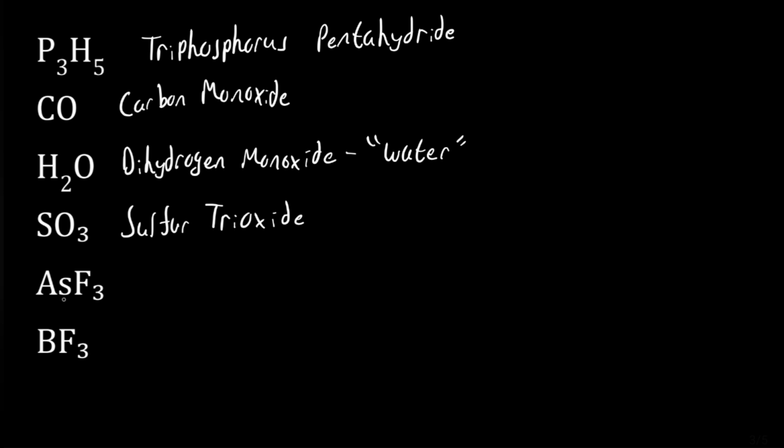Next, we have AsF3. As is the chemical symbol for arsenic. The 3 tells me that we're going to have the prefix tri. And F is the chemical symbol for fluorine, so this is going to be trifluoride, making sure that we change the last few letters to IDE at the end of each name.